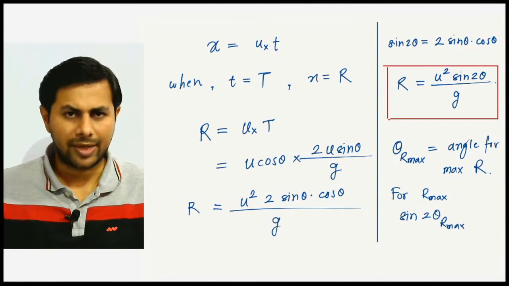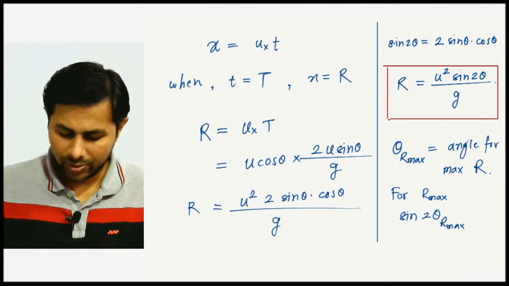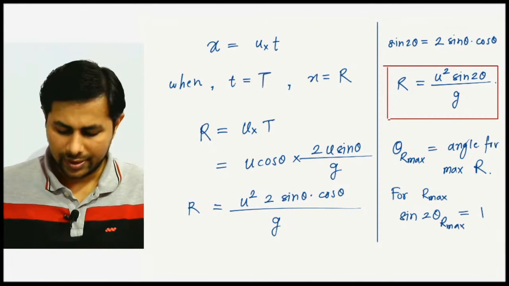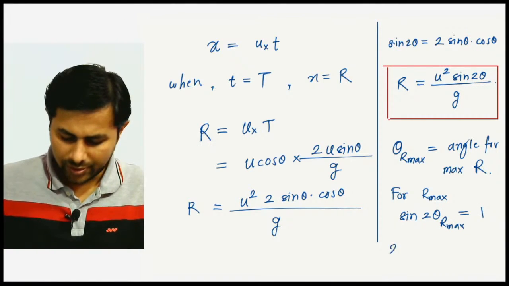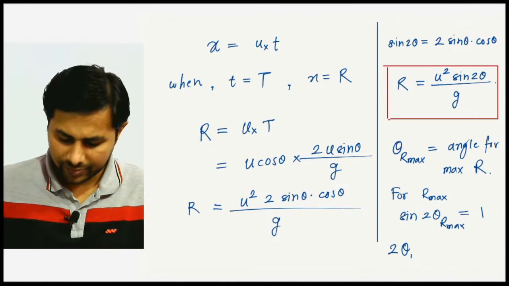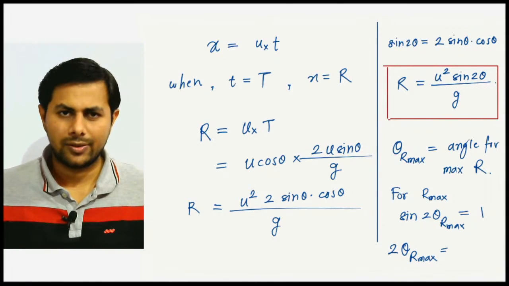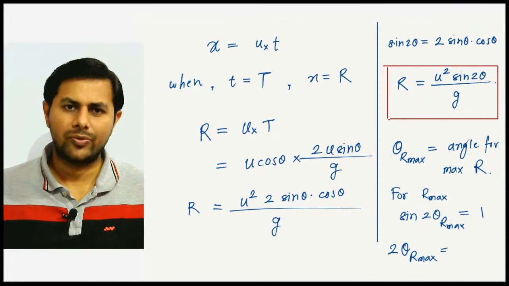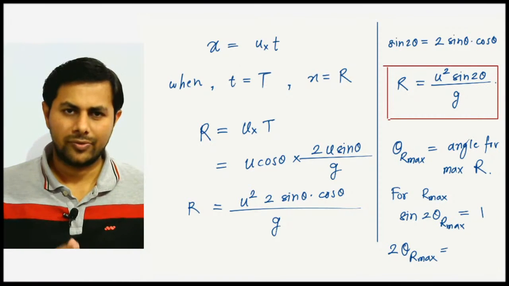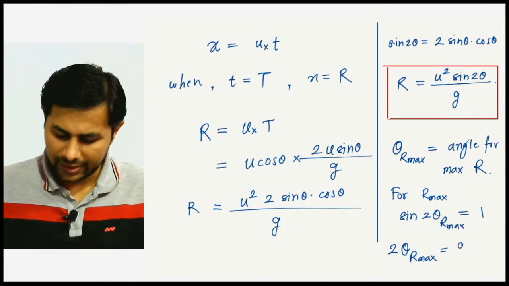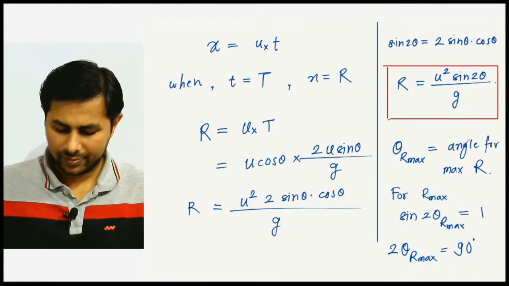So sin of 2 theta R max is equal to 1, and that means 2 times theta R max should be equal to sin inverse of 1, the angle for which the sine becomes 1, and that is 90 degrees.